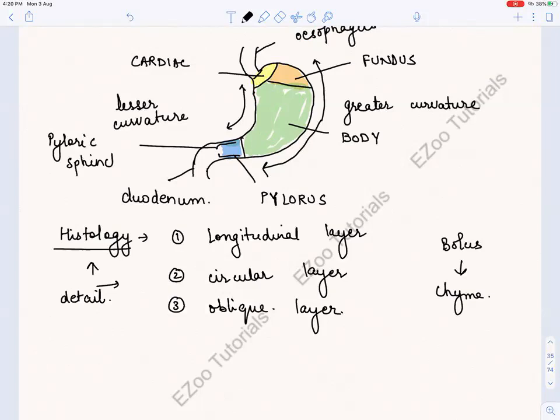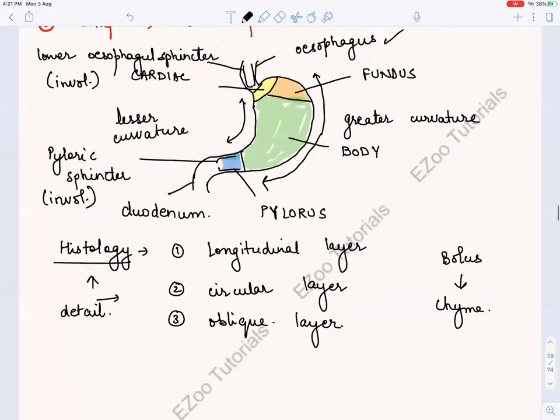And here in the duodenum part also there is a sphincter. Okay, so what is this? This is the pyloric sphincter, and this is the lower esophageal sphincter. These are kind of muscles which are involuntary. And what are they doing? They are just helping the food pass from the esophagus to the stomach, and from the stomach to the duodenum.